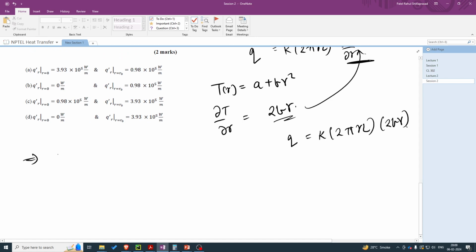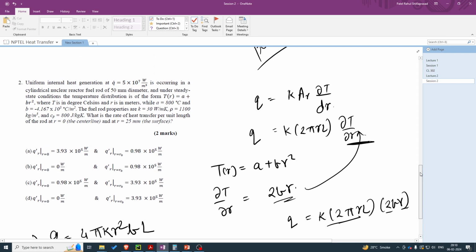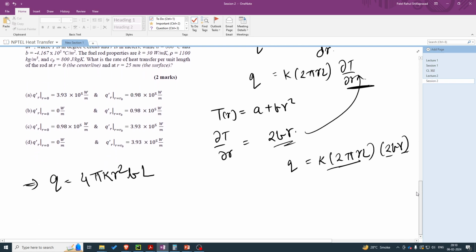That is nothing but Q is equal to 4 pi K R square B into L. In the question, we have been asked to find the heat transfer rate per unit length.